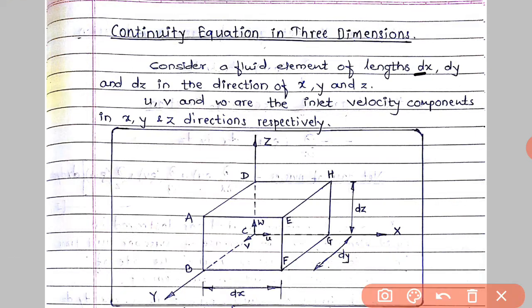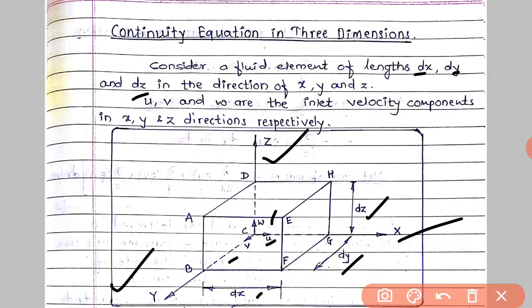This is dx, the length of the fluid element, dy the length of the fluid element, and dz, in the directions x, y, z respectively. u, v and w are the inlet velocity components in the x direction, y direction and z direction respectively.